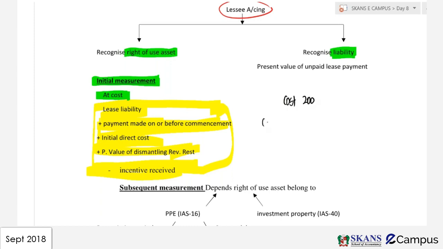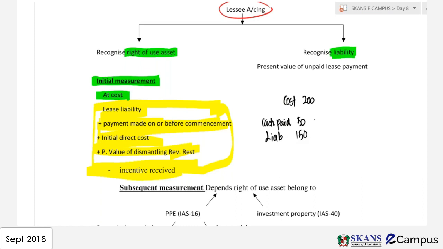If you pay cash to buy the asset of 50, what is the liability? It means you acquired an asset which has a cost of 200. You just paid 50 to acquire that asset. So what is the payable amount? It is simple. It is 150.